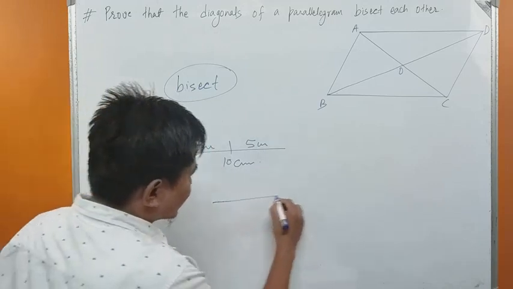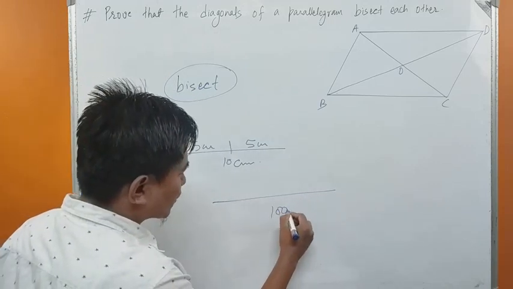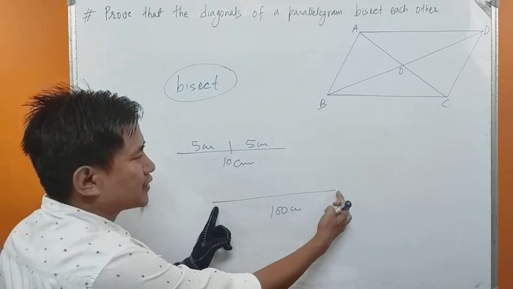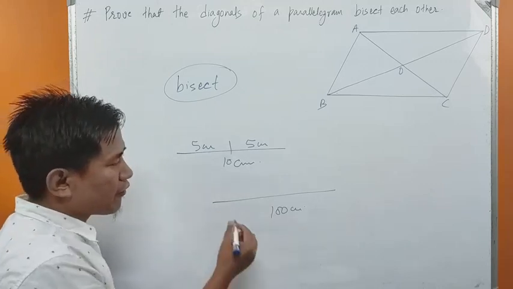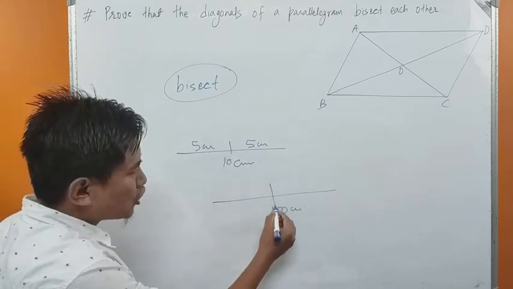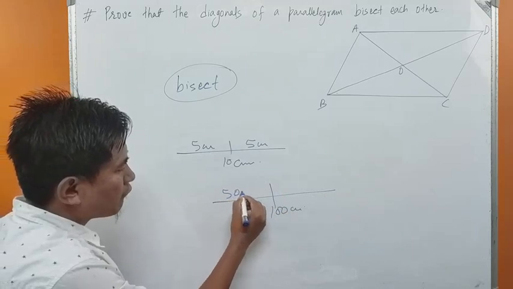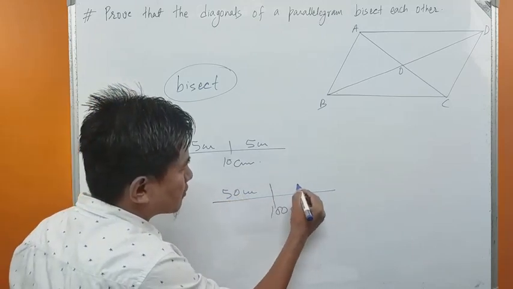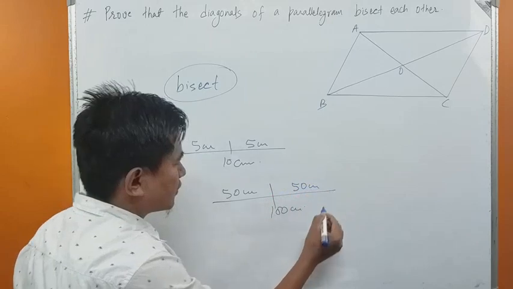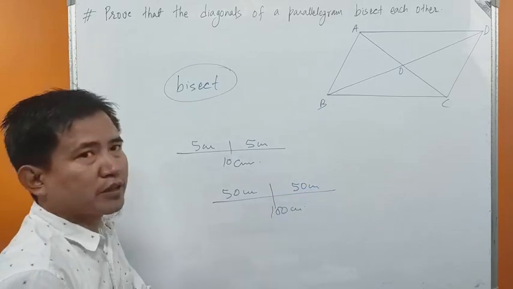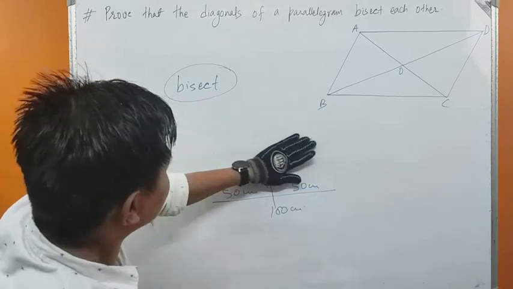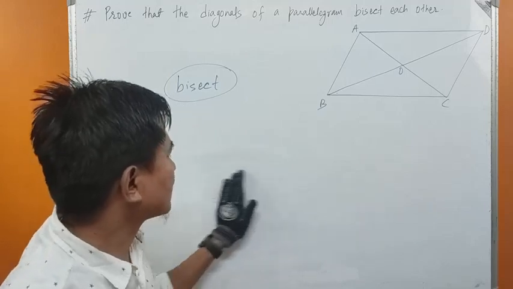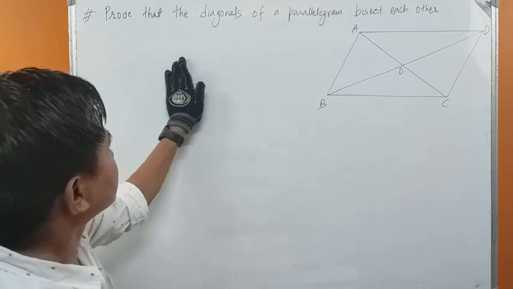Similarly, if this line segment is 100 centimeter long and I bisect it, each part must be equal to 50 centimeter. This part and this part must be equal. I hope you got this. Bisect means to divide into two equal parts.